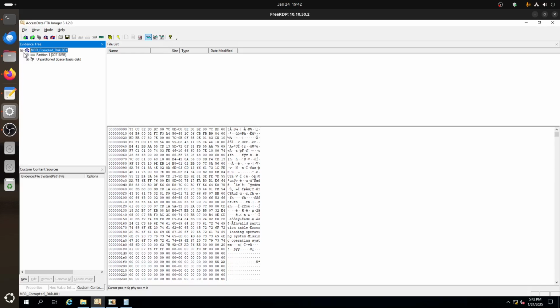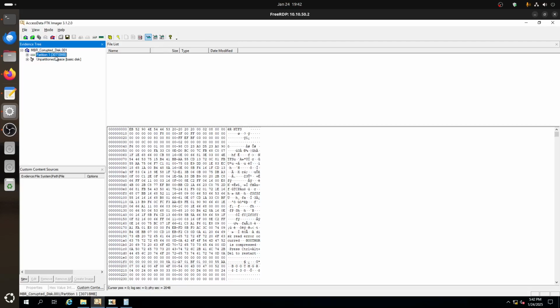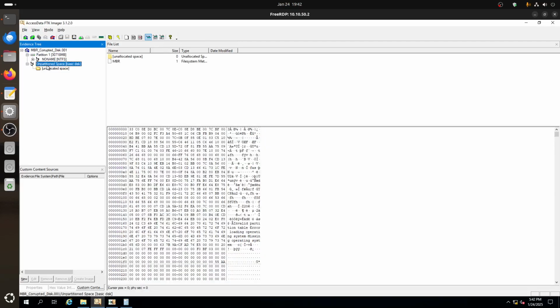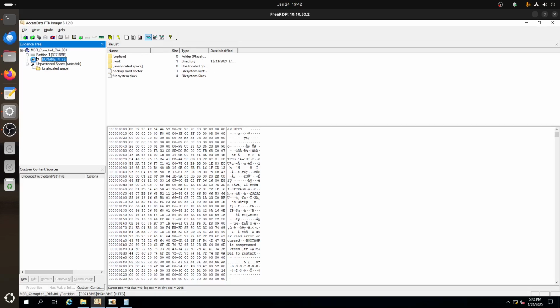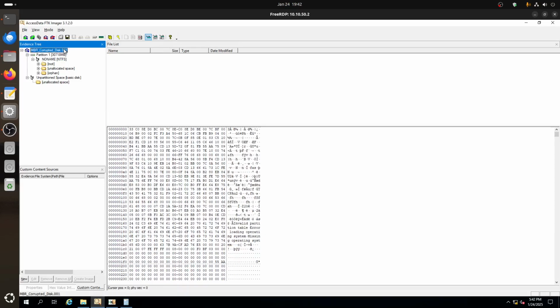Now we can open the partition, 30.7 megabyte. We're able to open it now, but it says 30.371. Oh, it doesn't give you a full disk.